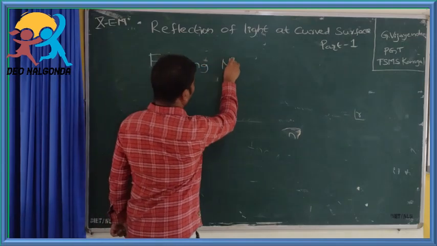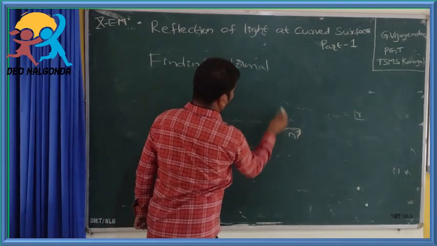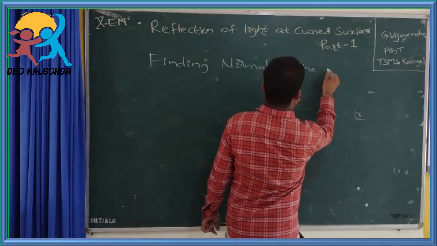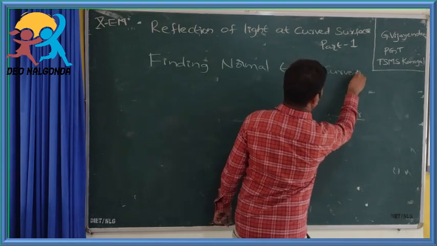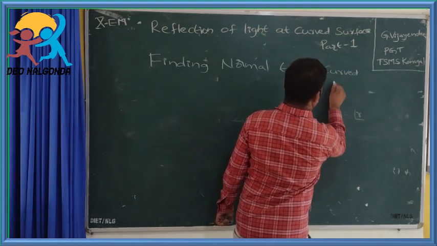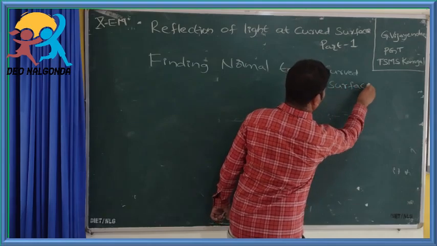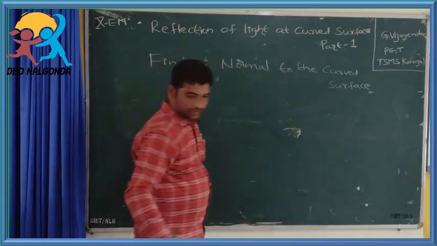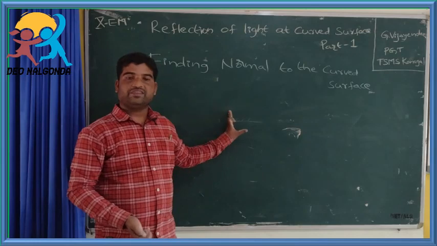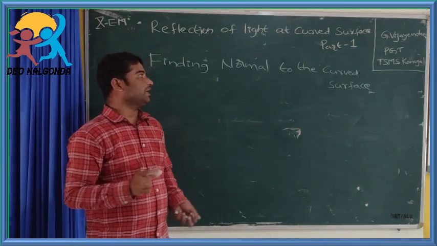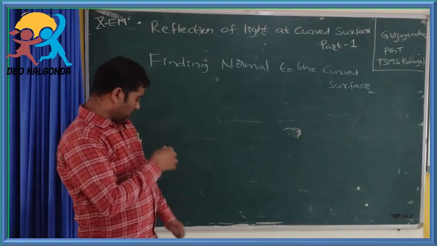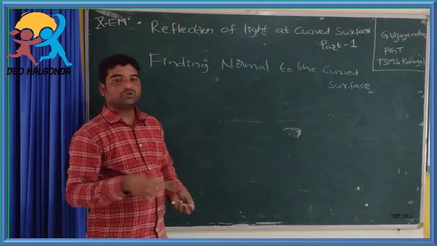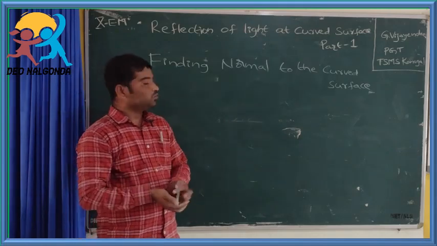To find the angle of incidence and angle of reflection we need the normal. For a plane surface we can directly draw the perpendicular, which gives the normal at the point. Now what about the normal to a curved surface?